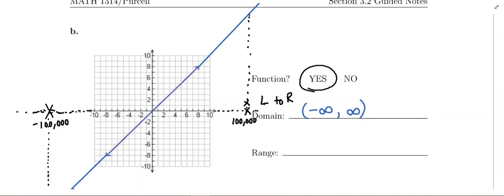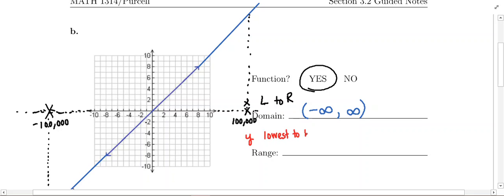As far as range goes, those are the y values. We want to figure out what y values this graph covers. So again, we want to go from our lowest point to our highest point.